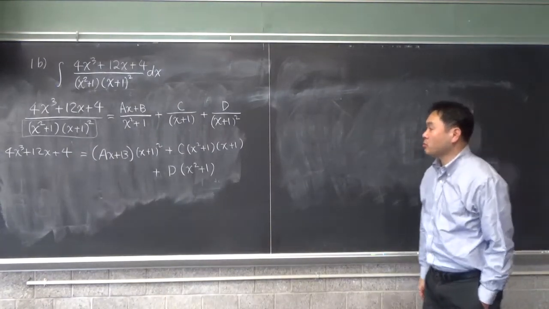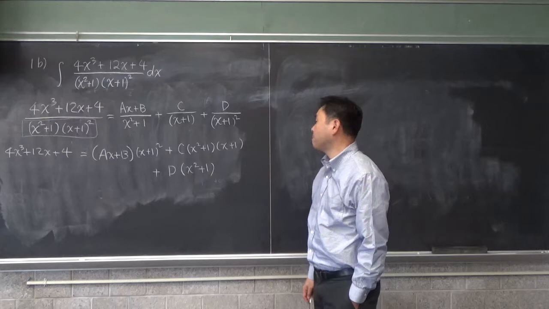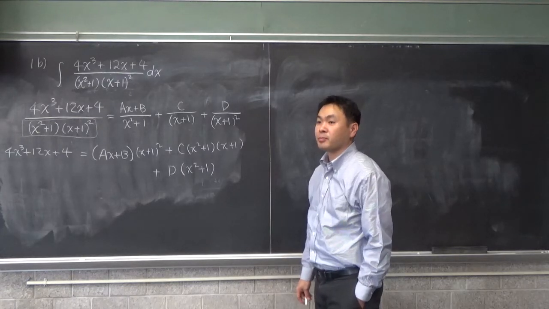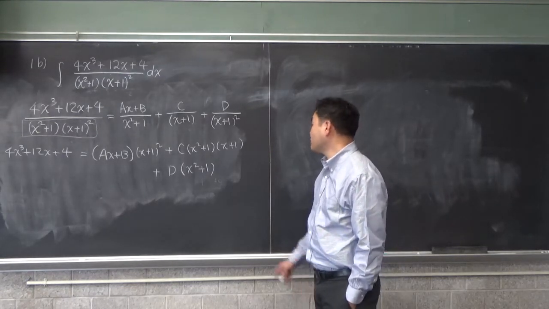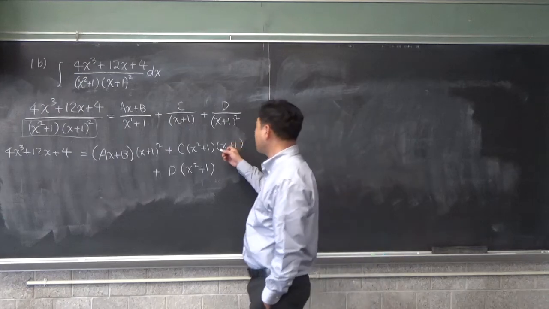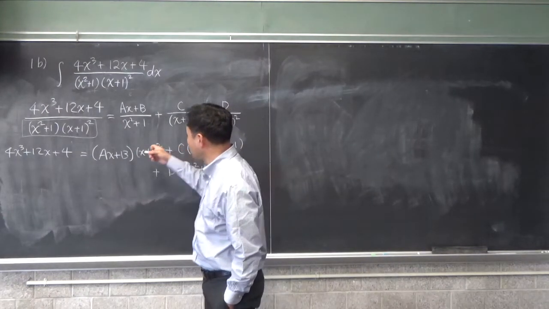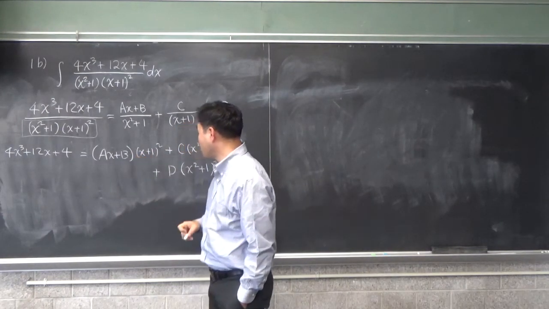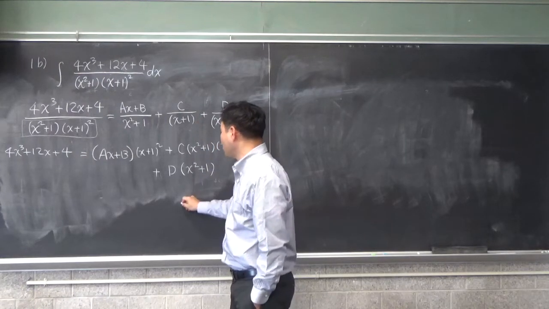What numbers can we plug in? Negative 1. Negative 1, because this one becomes 0, this one becomes 0, but this will be 2d.